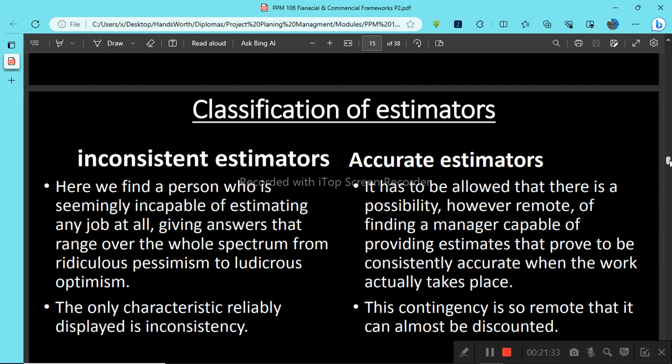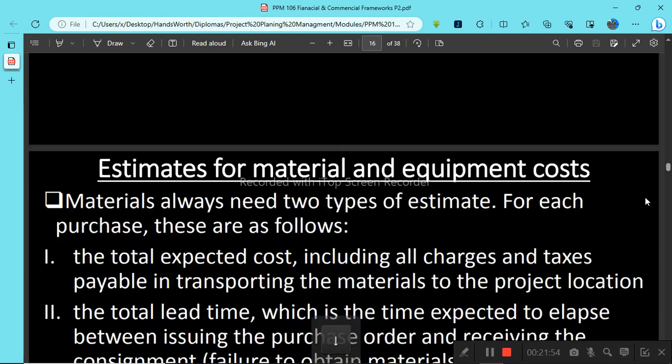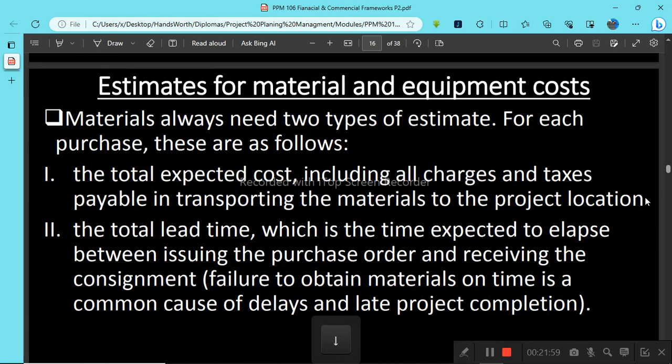So the accurate estimator is simply someone who has a lot of experience, to the point that they are capable of estimating accurate results. Although they are rare, they are capable of coming up with accurate estimates of the costs that will be required in a given project that you want to implement.